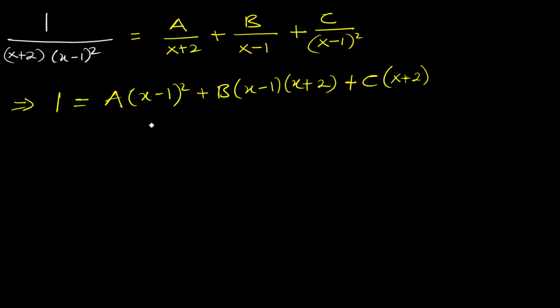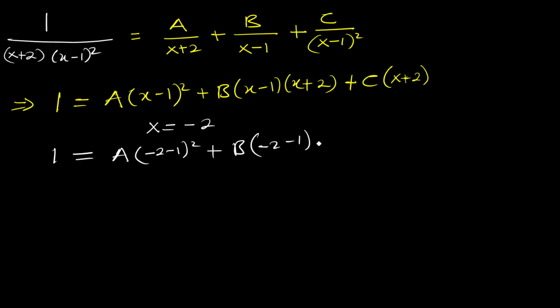So when x equals minus 2, we have 1. It means where you see x, put minus 2 there. So minus 2 minus 1, plus B times (minus 2 minus 1) times (minus 2 plus 2), plus C times (minus 2 plus 2).